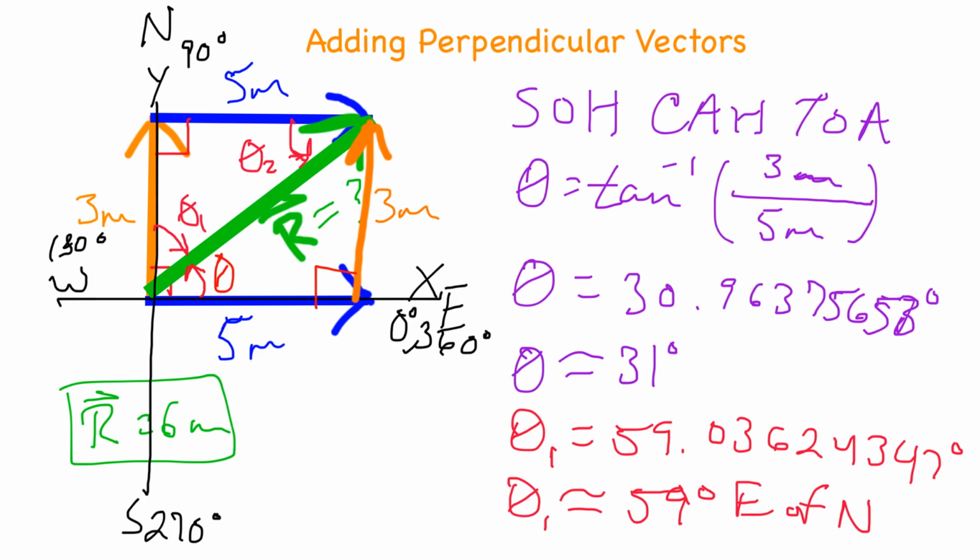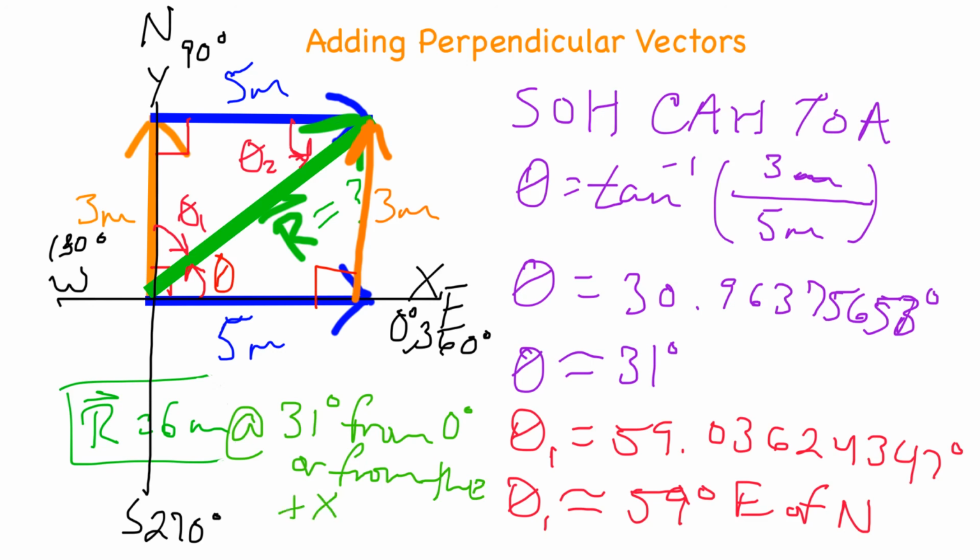So we would say 6 meters at 31 degrees from 0, or it could be from the positive x-axis, or it could be at 59 degrees east of north.